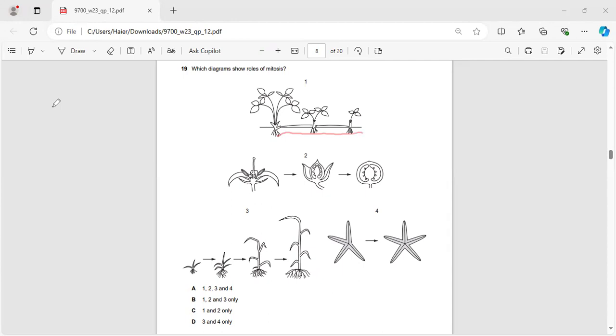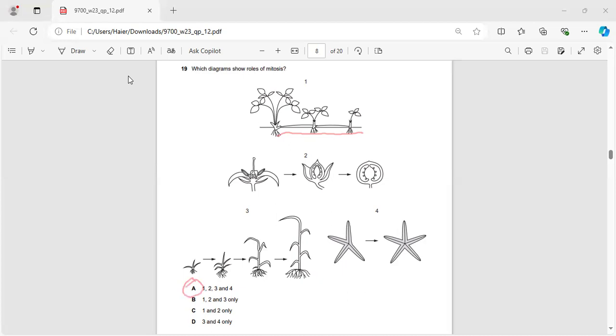In this way, all of these 4 options have one thing in common, that mitosis is taking place in them. As you know, mitosis is actually involved in growth, cell repair and tissue repair. So all these diagrams have mitosis in common. So A is the correct option in this case.